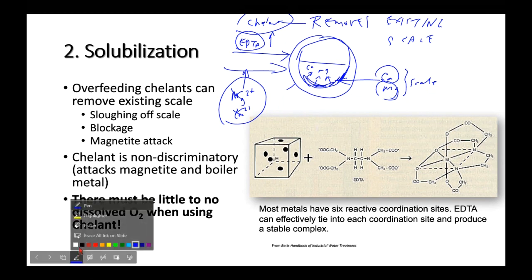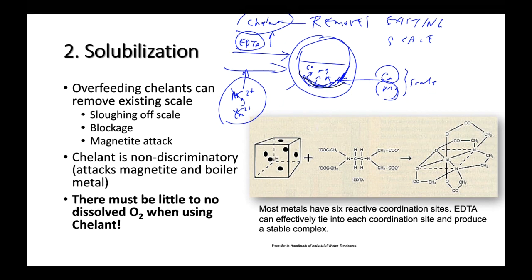So it's going to find, let's say, some magnetite. And magnetite is Fe3O4, which is a protective layer of iron oxide. Well, then it's going to start combining with the iron, and it's going to eat away at the magnetite layer, which is then going to expose bare metal, which is going to corrode.